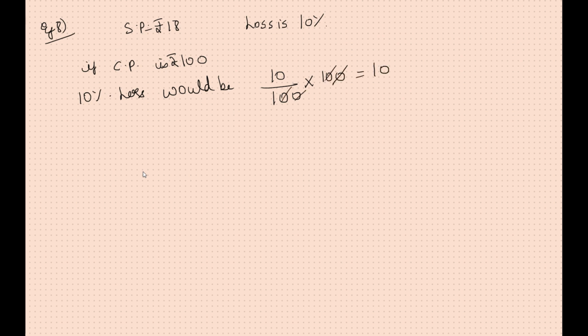So 10 rupees. So selling price will be CP minus loss, 100 minus 10. So it came out to be 90 rupees.